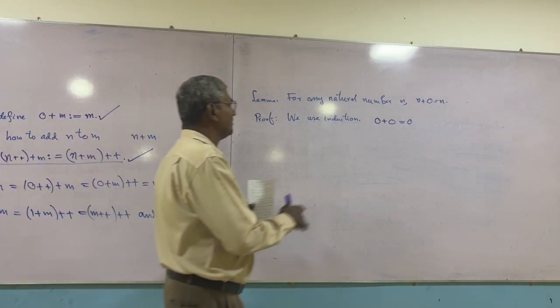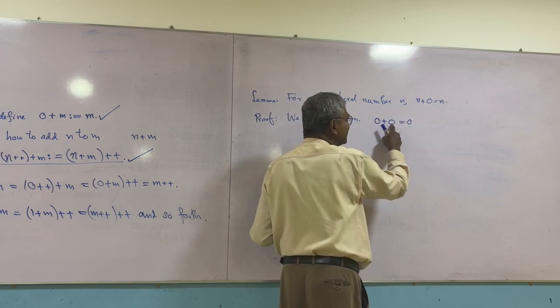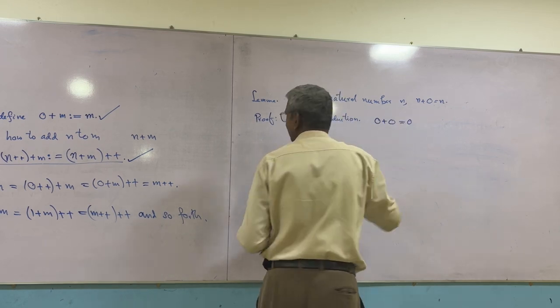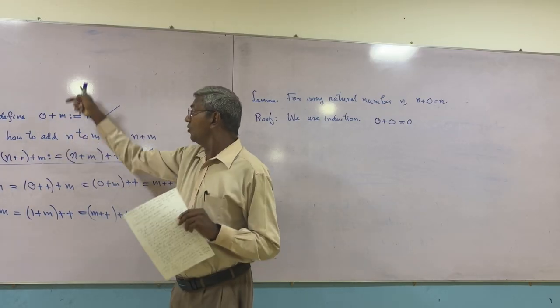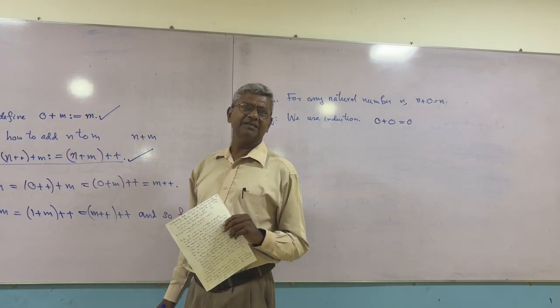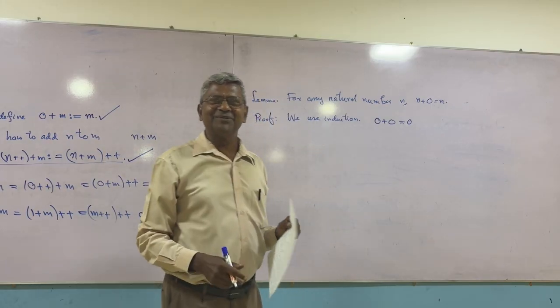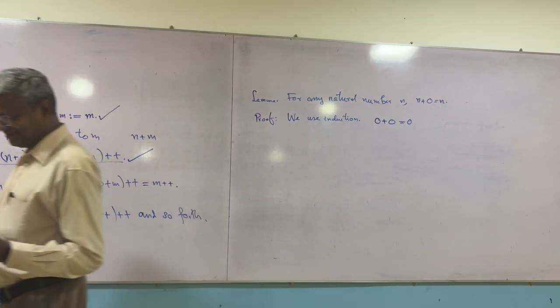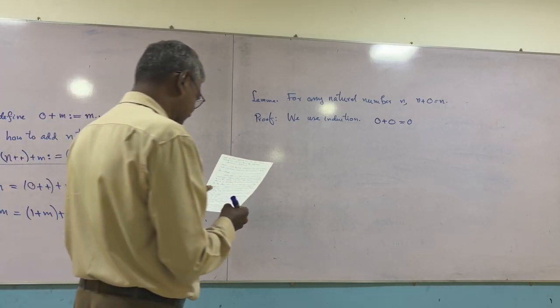Here, though I wrote 0 in this place, I can say 0 is in the second place. So if you put 0 here, if you add 0 to 0, you end up with 0. If we are starting monoids and so on, this part is very helpful for you. Logical argument. You understand that I have written down 0 plus 0 equals 0. So we are done with the base case.